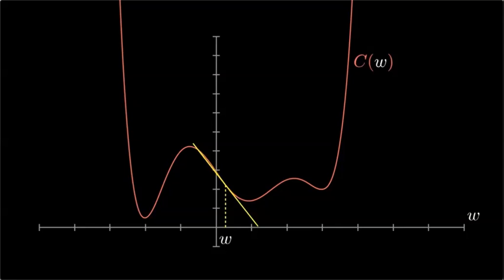Once you have the slope, you can travel towards the negative of that slope, so that you are reducing the cost. And once we are reducing the cost, we come to a point where the weights don't change any longer. And since the weights don't change, we say that we have reached the minimum cost. That is, our network is now optimized.